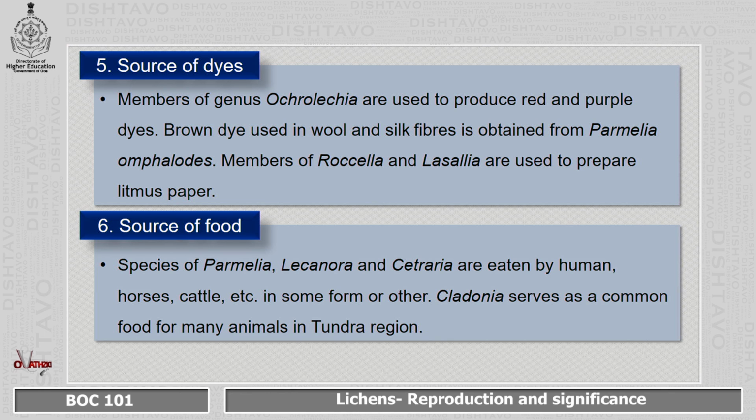The next point is, they are used as source of food. Species of Parmelia, Lecanora and Cetraria are eaten by humans, horses, cattle, etc. in some form or other. Cladonia serves as a common food for many animals in the tundra region.